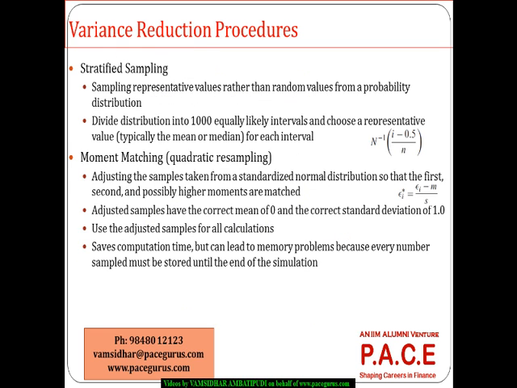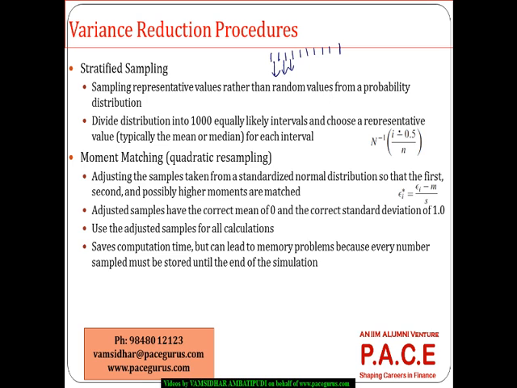Similarly, we can follow the stratified sampling, where rather than going for completely random kind of a generation, we split the whole data into equally likely intervals and we take one representative from each interval and we try to do the value of the derivative through that approach.